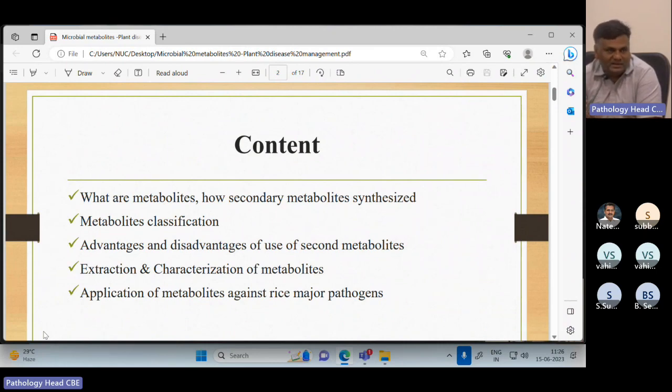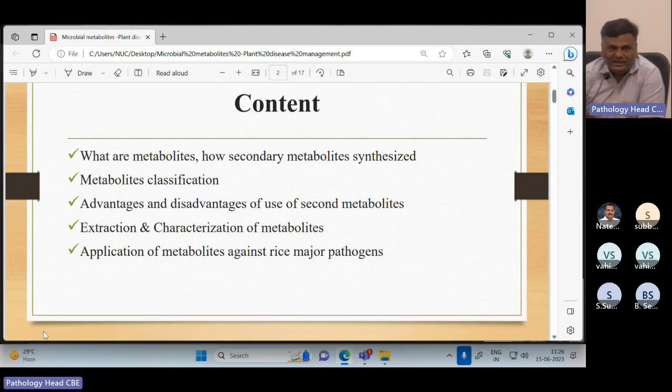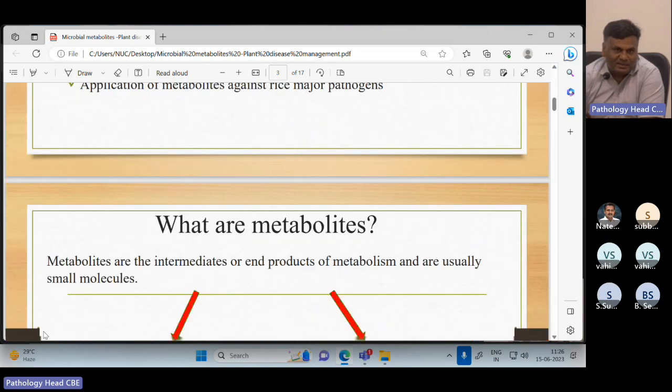It can function in human medicine, in veterinary medicine, in agriculture, and nowadays metabolites are even coming in electronics also. So I thought, let me start something primarily focusing on agriculture purposes, and then extrapolate it to other things.